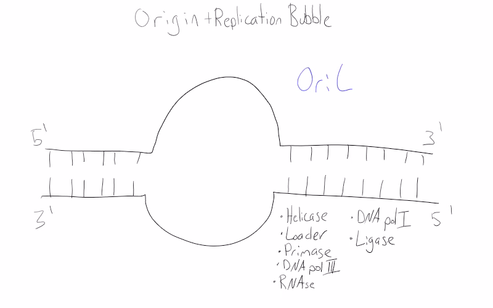And how this works here is that first you have these hydrogen bonds holding your bases and keeping these strands together. But in order to form this replication bubble here, you need to break these bonds.